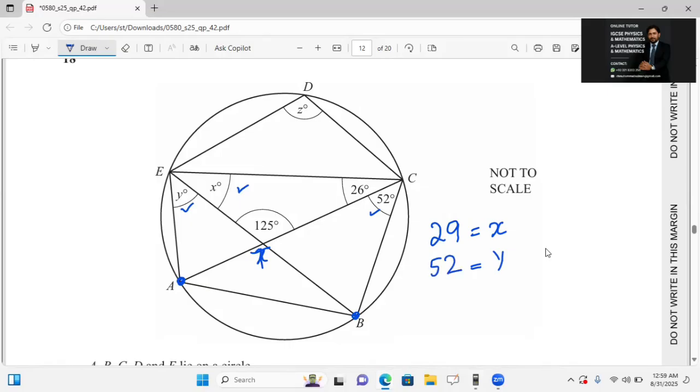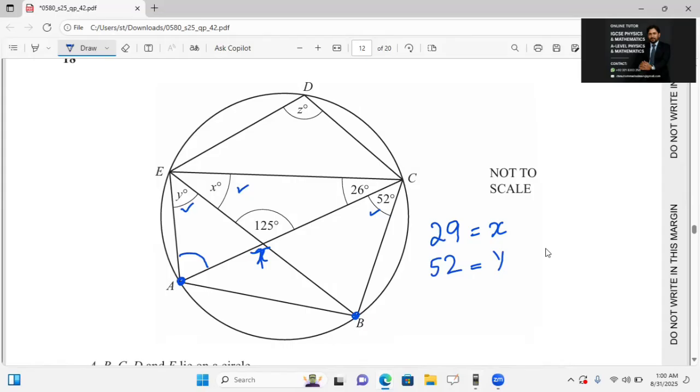Let's look for Z over there. Z should be taken in the form of a quadrilateral. If Y is 52 and X is this, then I can get this angle.